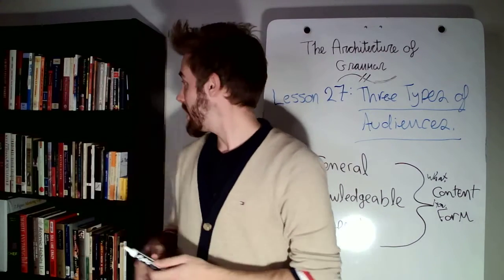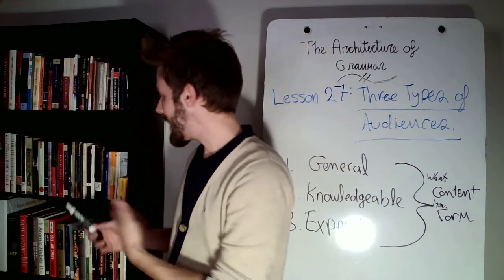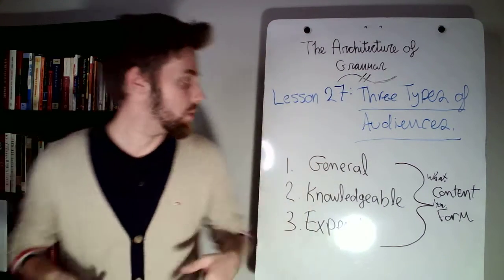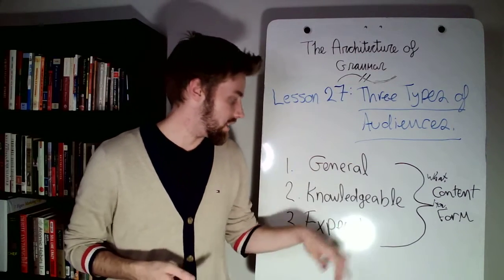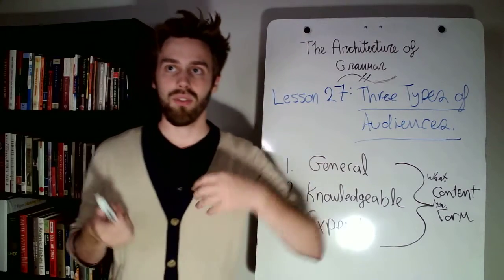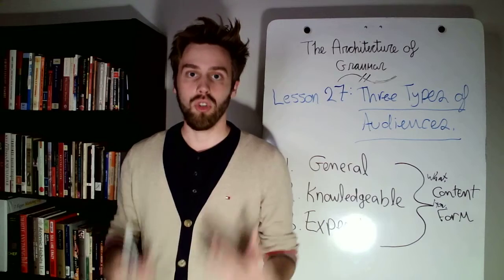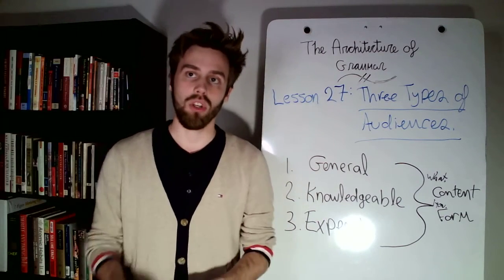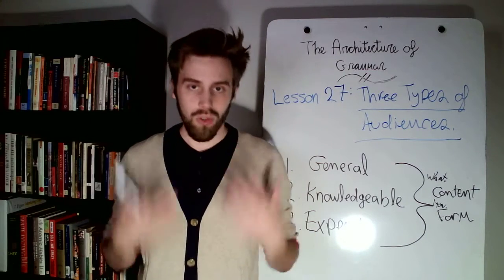If you pick up a book from your bookshelf and look at it, of course, in my bookshelf, there are different types of books. There are books for the general audience, books for a knowledgeable audience, and for an expert audience. If you look at a book for a general audience, you'll see that the style is rather simple. It's meant to be understood. Whereas if you pick up a paper or an academic book, the sentences are longer, there's more jargon, and it's generally more complex.